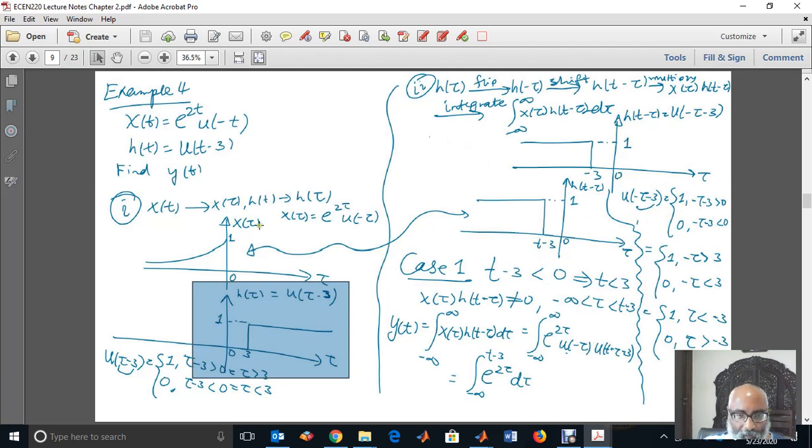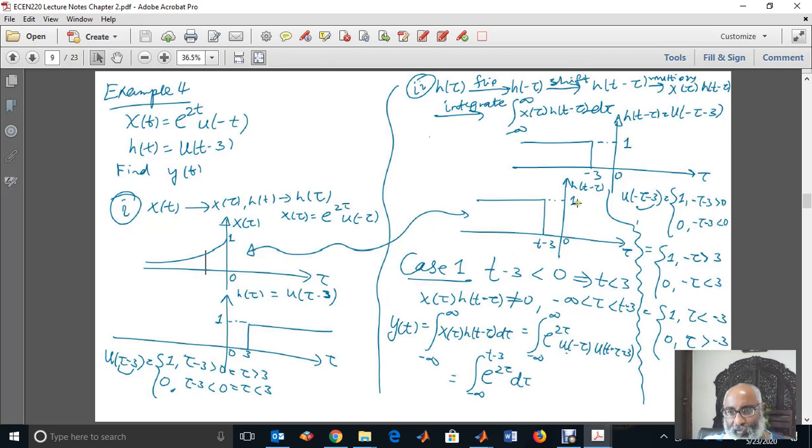Now we compare x(τ) with h(t-τ). We make the product and compare the two. When t minus 3 is less than 0, the product of these two functions will be from minus infinity until t minus 3, somewhere here, because t minus 3 is less than 0.